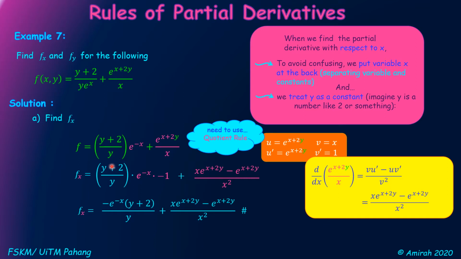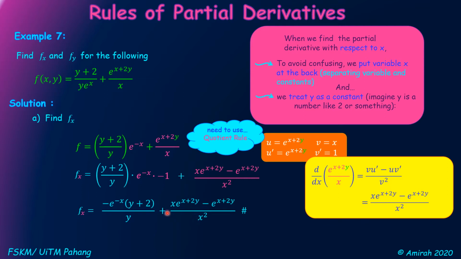We just multiply in the numerator only, because e to the power of negative x times negative 1 here means over 1. So over 1 we multiply by y here. So we get e to the power of negative x, and then we have negative here from the negative 1, and then y plus 2 over y, and then plus this function.